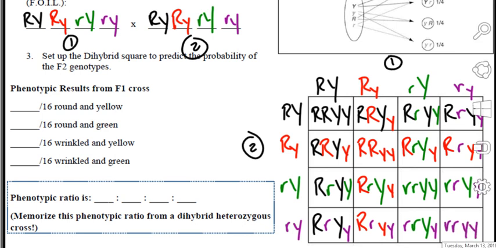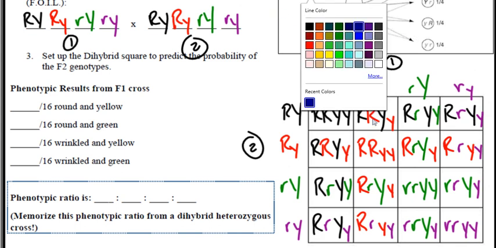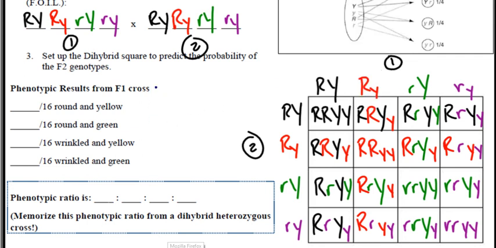And now we have a fully completed table. So now what we're going to do is go back and figure out our phenotypic results with our table. So round and yellow are going to be our dominant. So dominant for round, dominant for yellow.